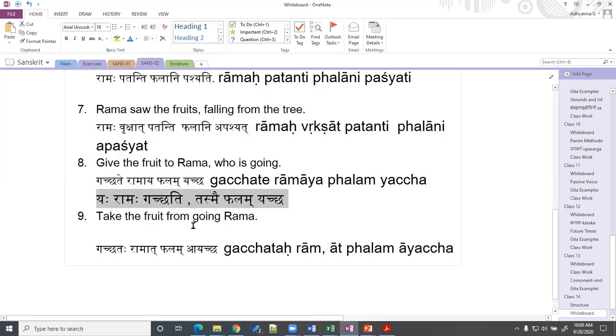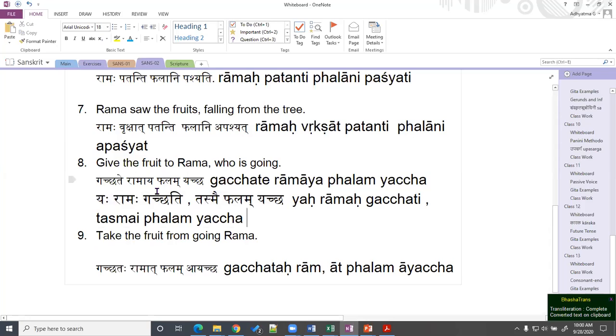So you can make it the yat-tat way also. As you can see, the sentence is more elegant and smaller when you use the participle. So Drushyanti and Drukshanti, somebody is asking. Drukshanti is the future tense form and Drushyati is in the present tense form.